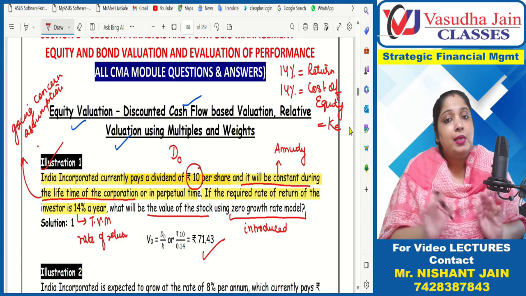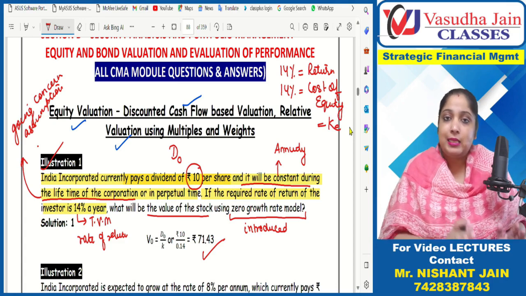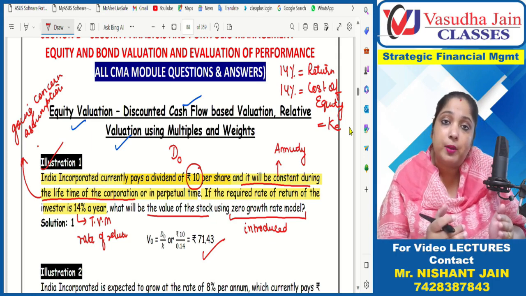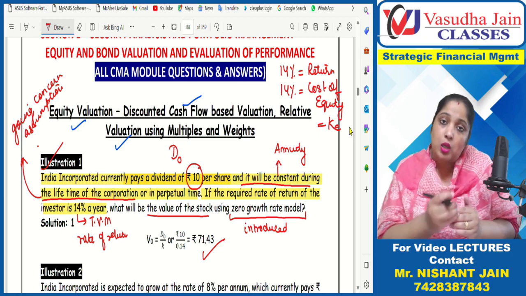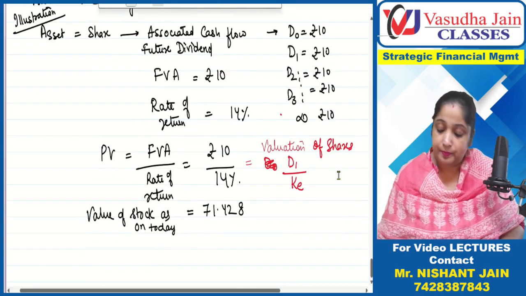Simply, money is growing at the rate of 14% for the investor, and the company has taken money from shareholders. They should be given a return of 14%. Return is for the investor and cost is for the company. So you can refer to this as KE.